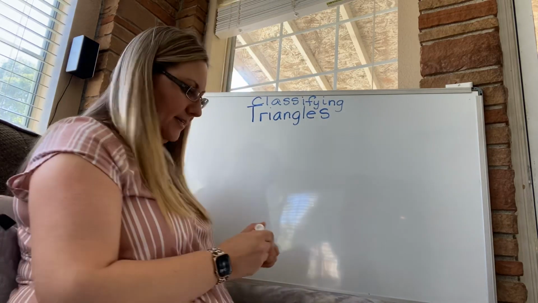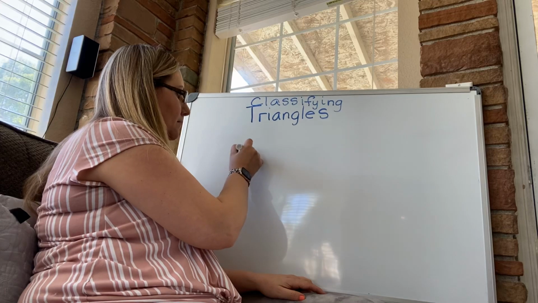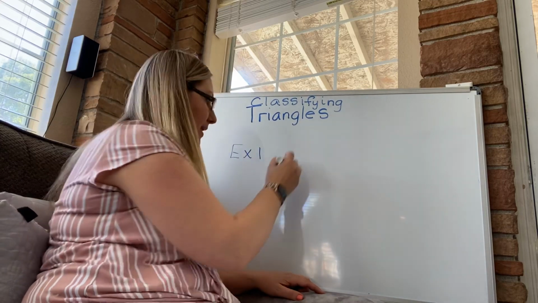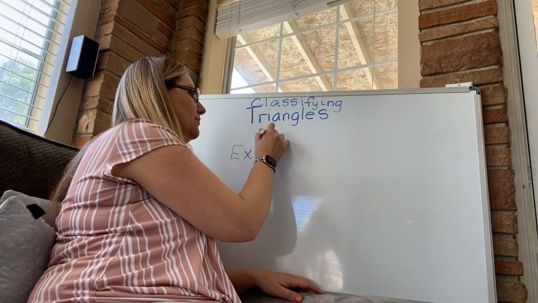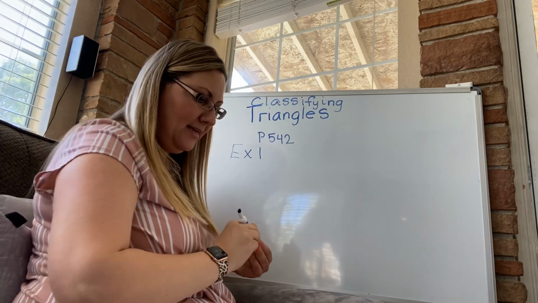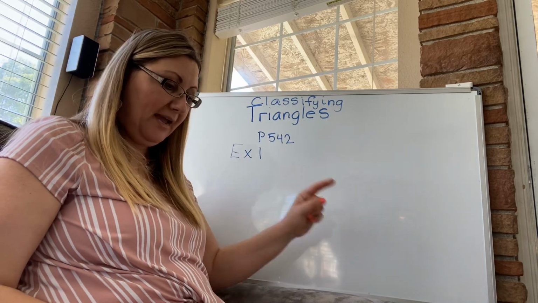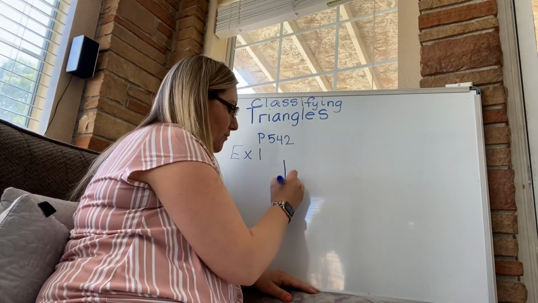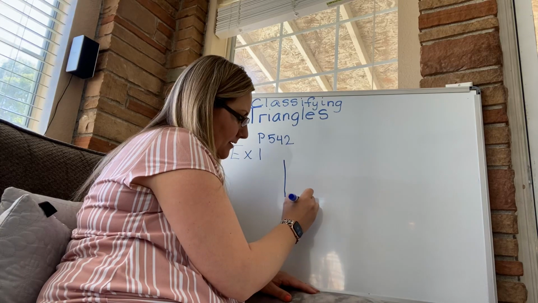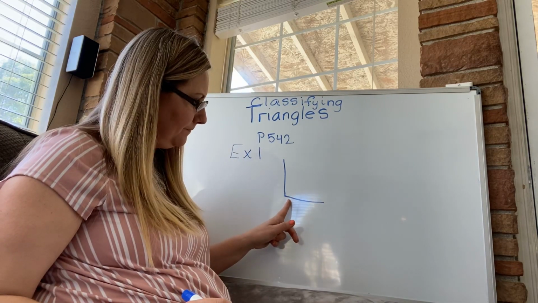So it tells us in example number 1, remember we are on page 542. Example 1 says to draw a triangle that's both right and isosceles. We start with a right. We need a right angle.